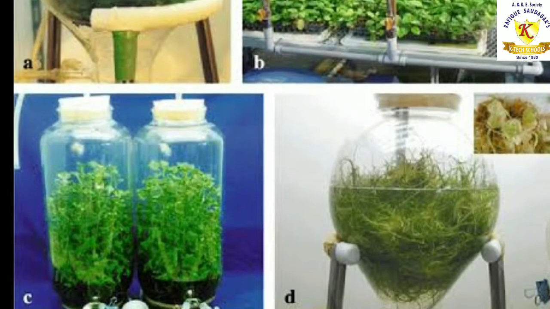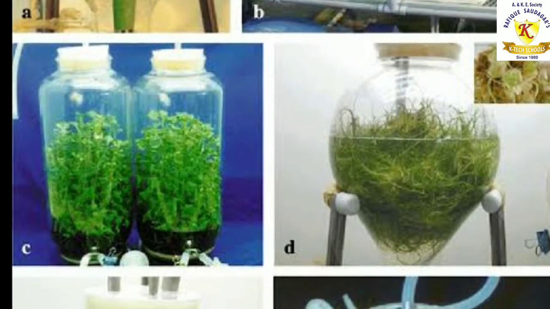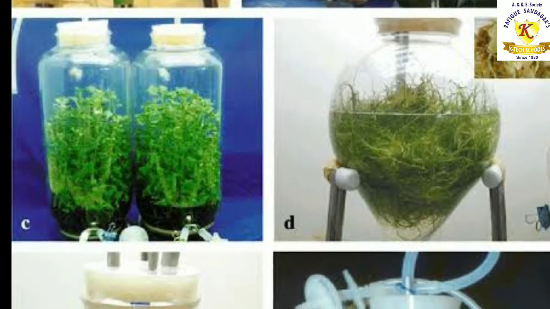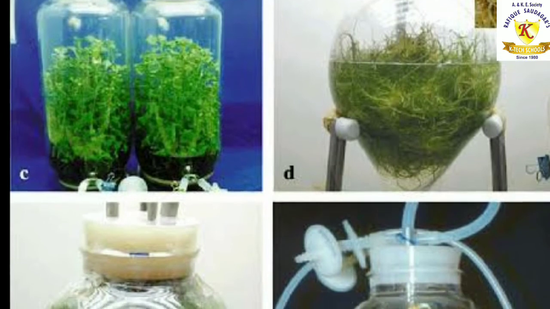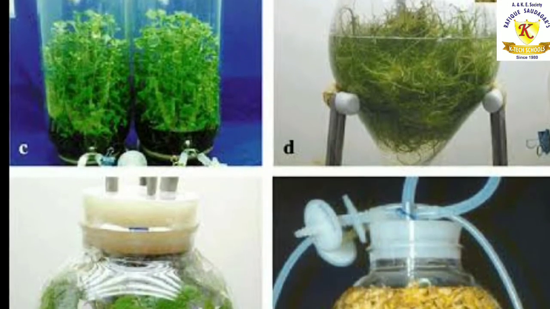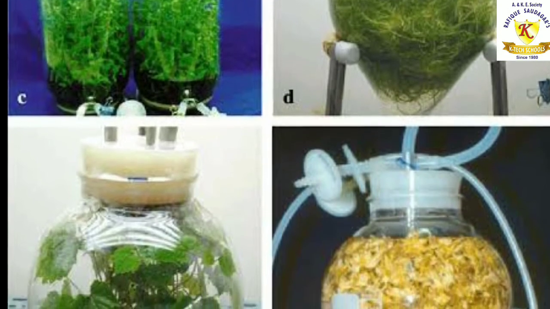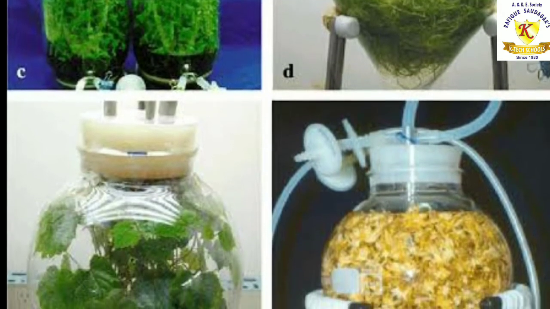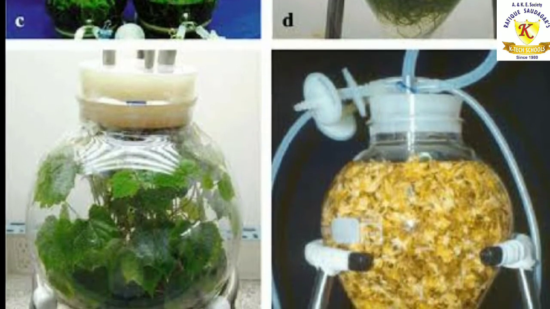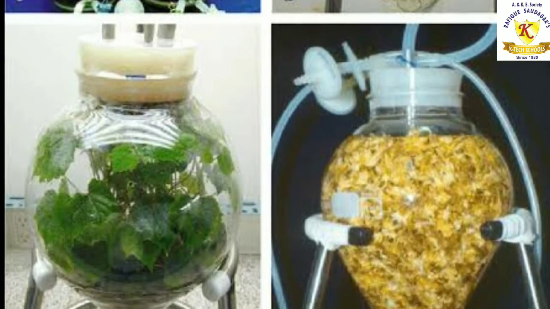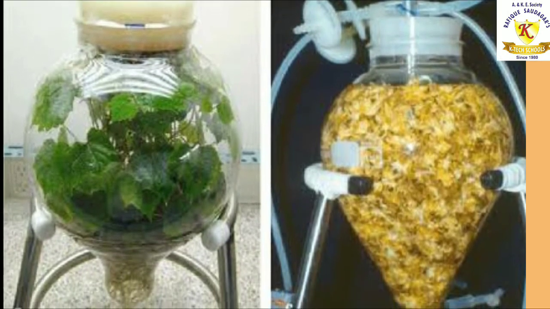Bioreactors are useful for producing plantlets on a very large scale. Large numbers of seedlings or plantlets can be produced in a short time using minimum resources and materials. Usually, plants produced by tissue culture and genetic modification are disease free and also virus free.